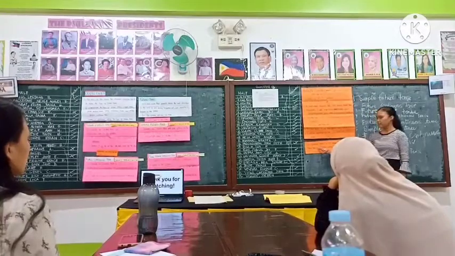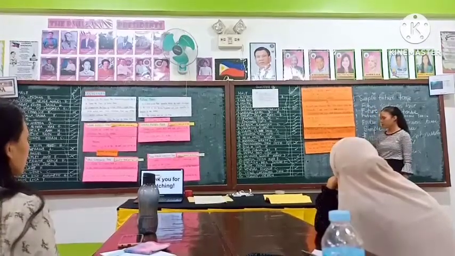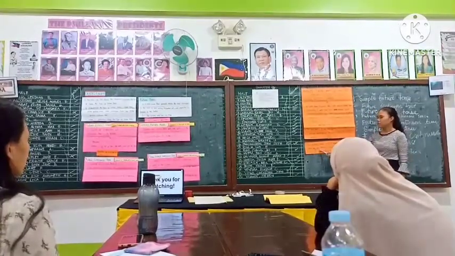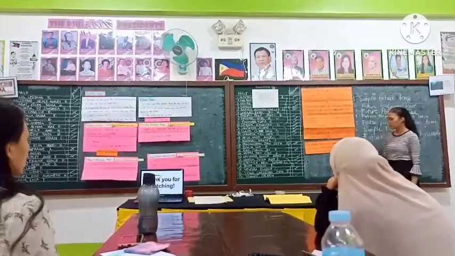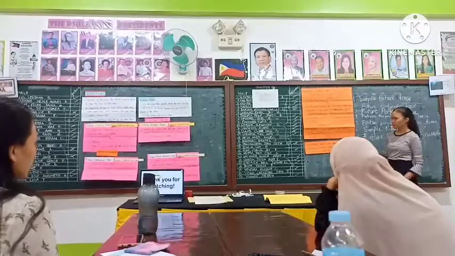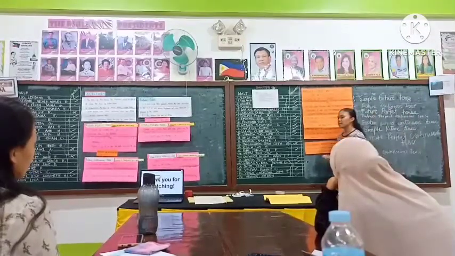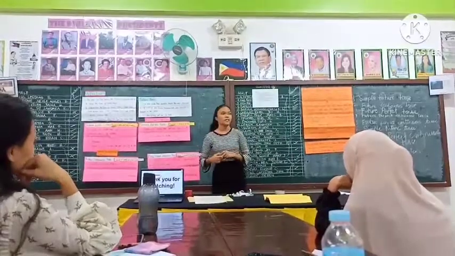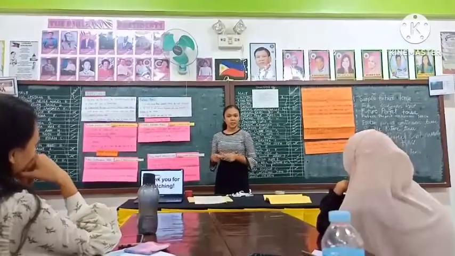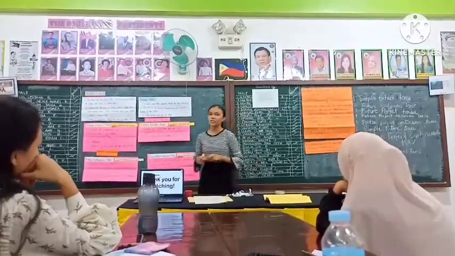Everybody read. The future tense is for things that will happen later. There are no future verbs. To create the future tense, you always need modals and auxiliary verbs. So remember that the future tense is used for actions about things that have not happened yet but will in the future. So do you understand, class?